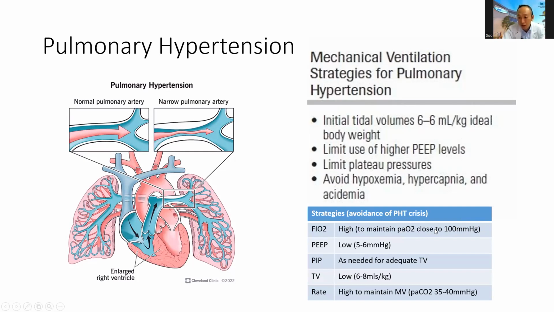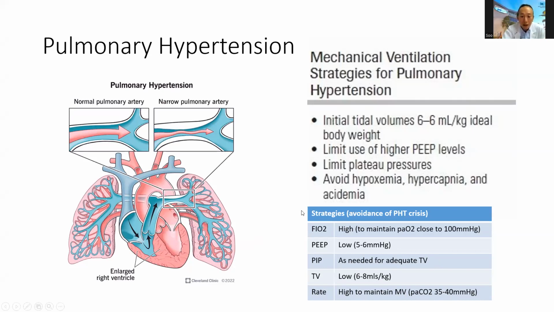And oxygen is a vasodilator, so that's all good. PEEP, we try to keep low, just enough to make sure we don't have lung atelectasis. And then PIP to get adequate tidal volume. Don't use a very high tidal volume; compensate with a bit of a higher rate just to maintain adequate minute ventilation. PaCO2 a bit on the lower side to achieve a bit of alkalosis to reduce your pulmonary pressures.